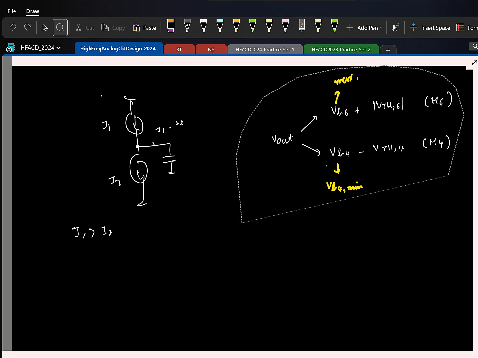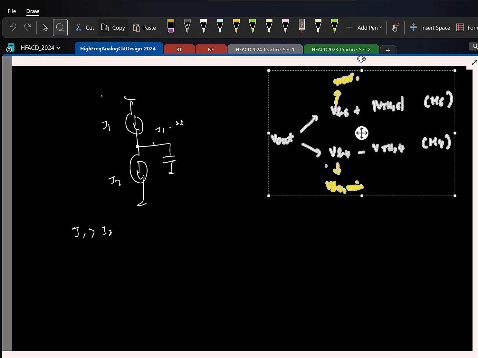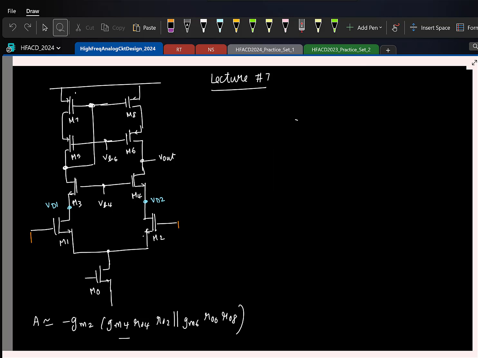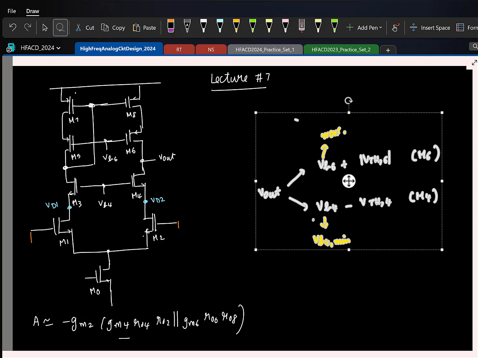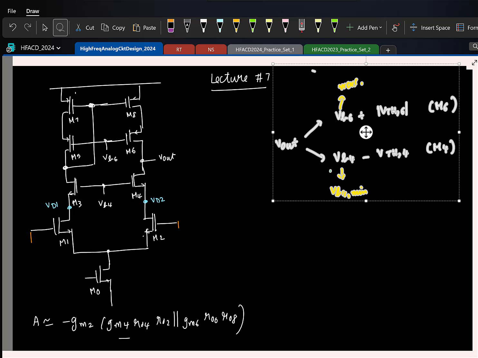Okay, let's work with what we have. So this is the range of voltages. Now our goal is to find the absolute maximum and minimum we can have here.